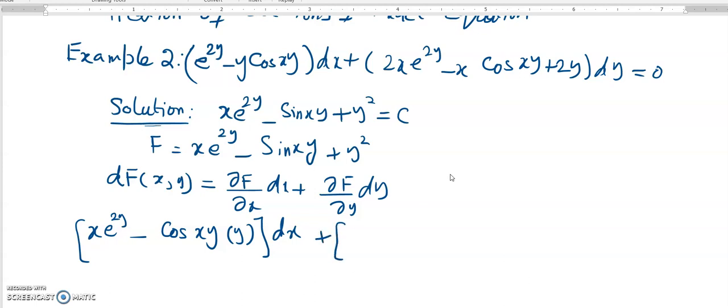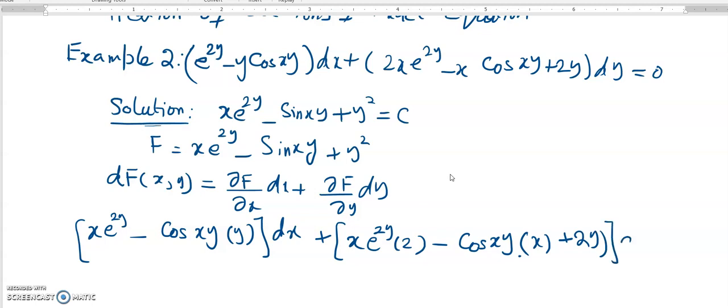Then next is the partial f over partial y term. It is equal to x e^(2y), differentiating with respect to y, so e^(2y) into 2, so 2x e^(2y), minus cos xy, and then for xy it will be x, so x cos xy, and then for y^2 it will be plus 2y, and that will be dy.